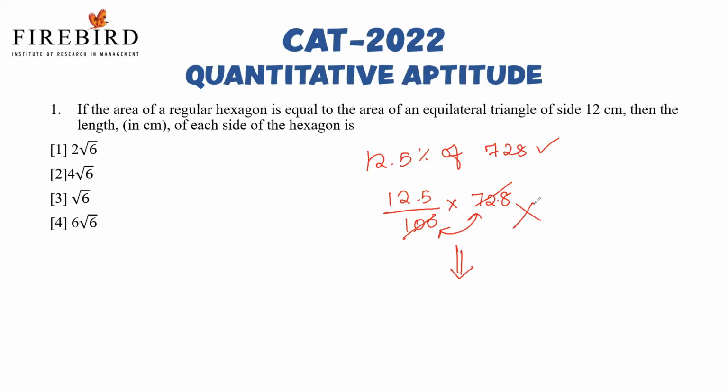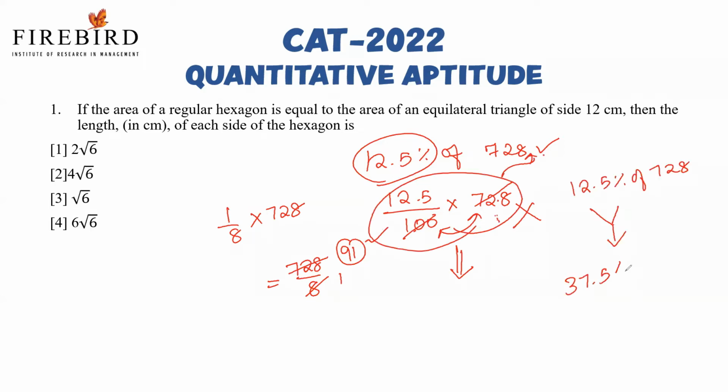But instead of doing this, 12.5 percentage is nothing but 1 by 8. So 1 by 8 into 728. It is enough if you divide 728 by 8. If I divide 728 by 8, you will get 91 as your answer.